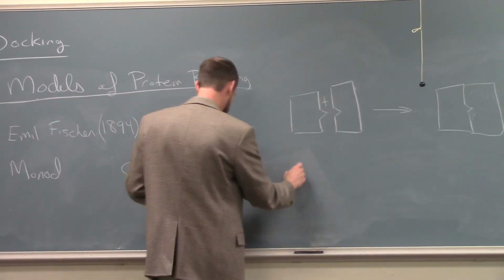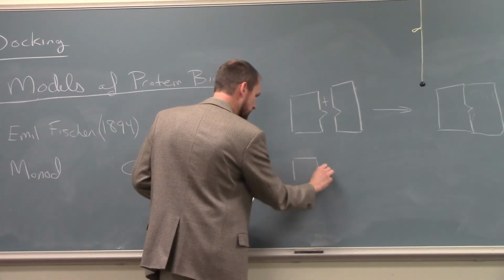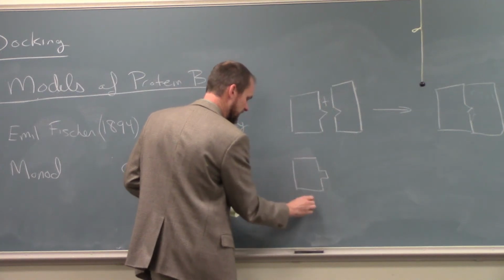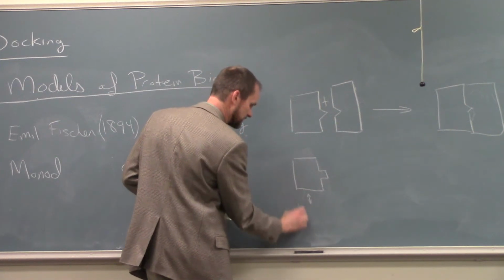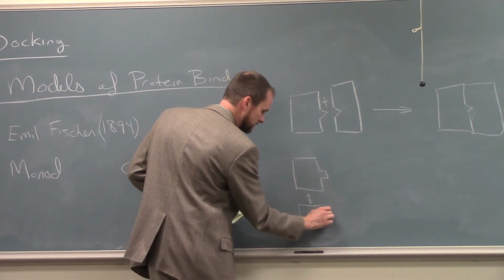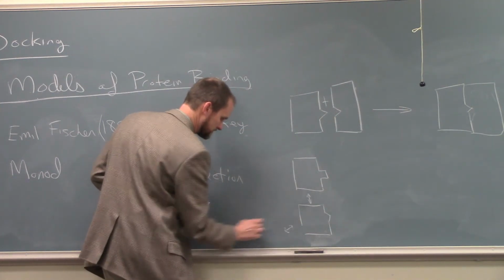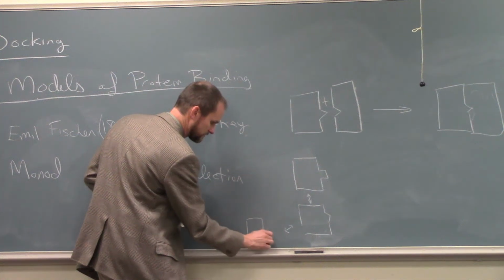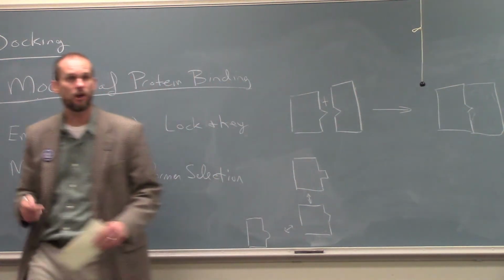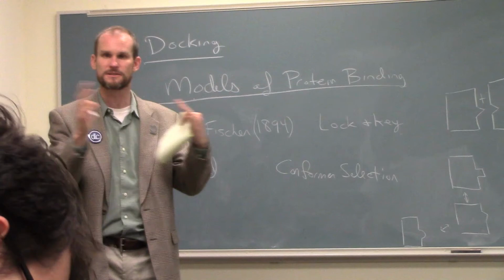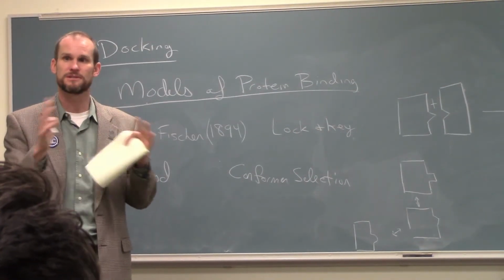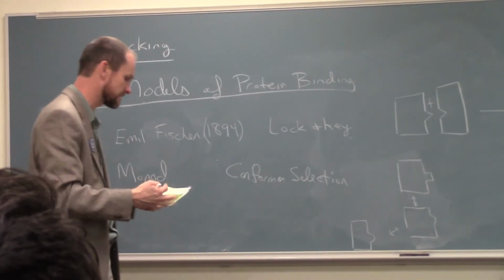So this model recognizes that the protein might have different shapes and it might be in equilibrium with different conformations. And all of those might exist in solution. The protein is constantly fluctuating between a bunch of different configurations. So this is a good statistical mechanics view.